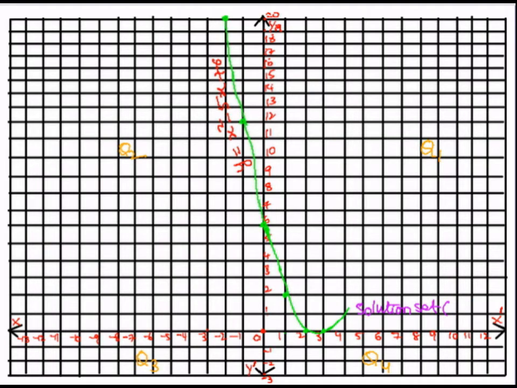Since the parabola is touching the x-axis at points 2 and 3, the solution set will be 2, 3.